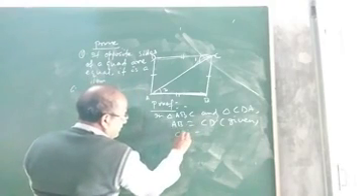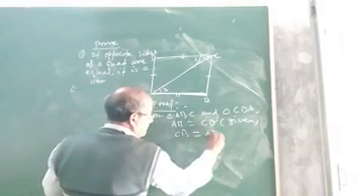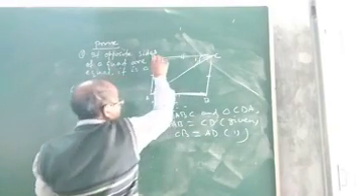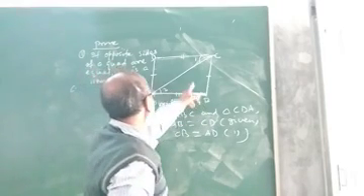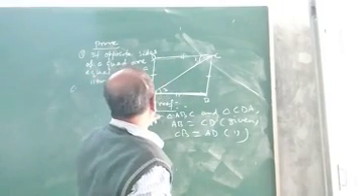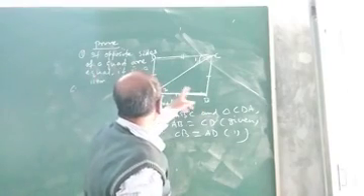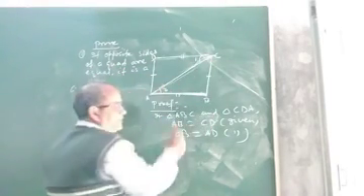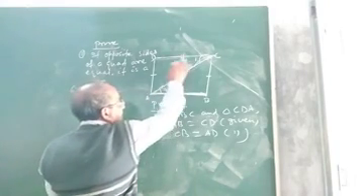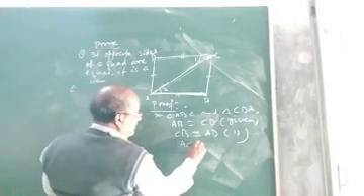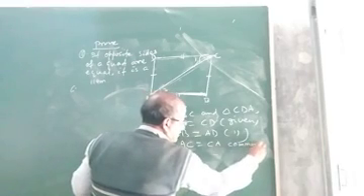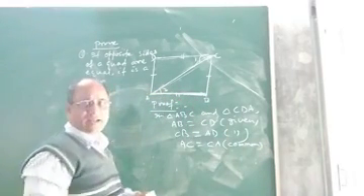CB equal to AD, this is also given. Then what about AC? AC is the common side. AC is present in both the triangles. So AC equal to CA, it is common. It is the common side in both the triangles.